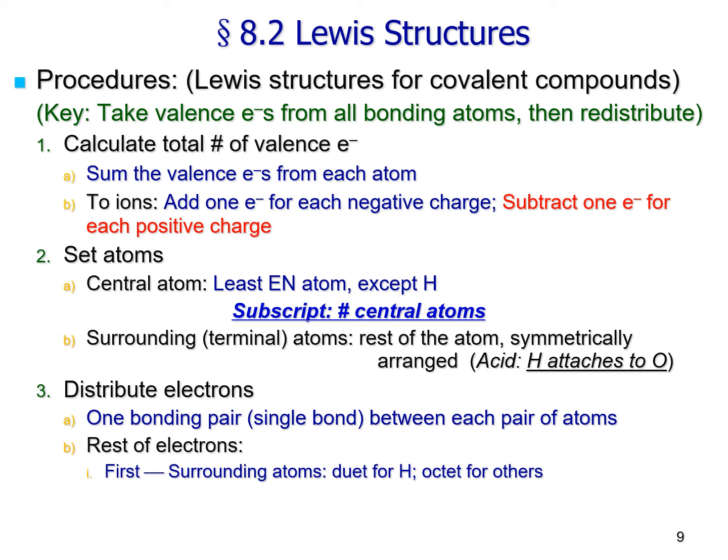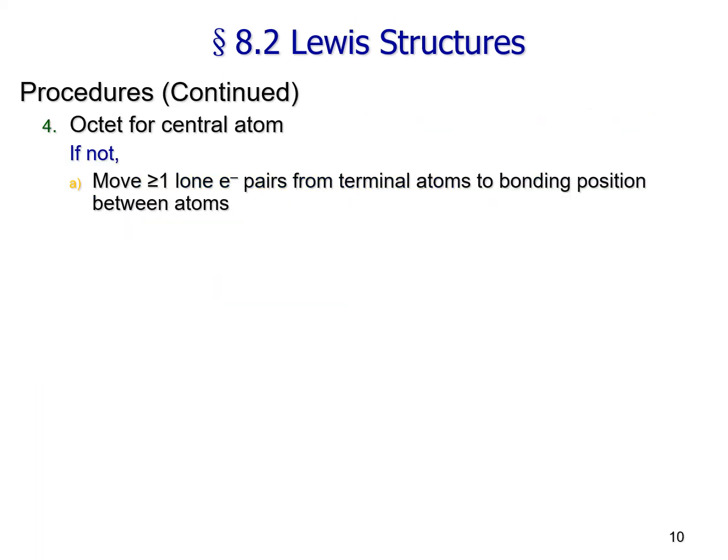Then we only have one atom left, the central atom. If we still have more electrons, then we assign them to the central atom. It is quite possible that we do not have enough electrons to make an octet for the central atom.